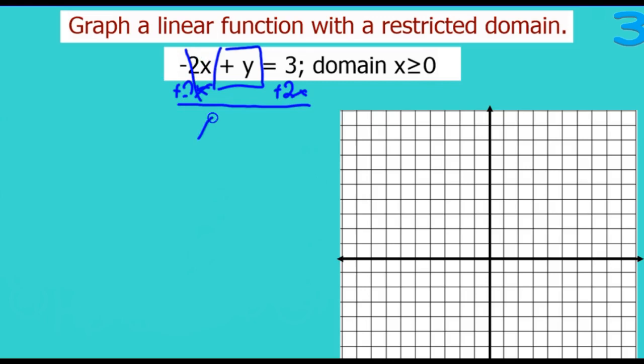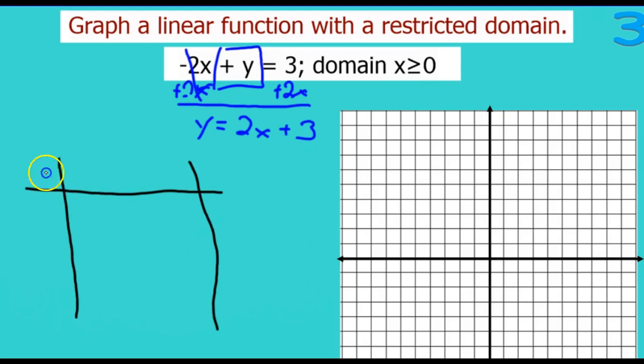So we get y equals 2x plus 3. That's our new equation then. So if we draw our table, we have x and we have y, and 2x plus 3 in the middle.